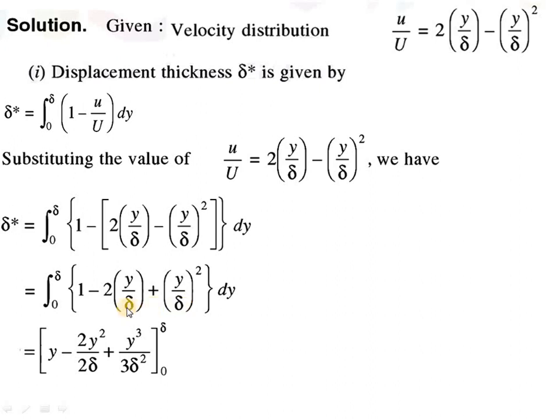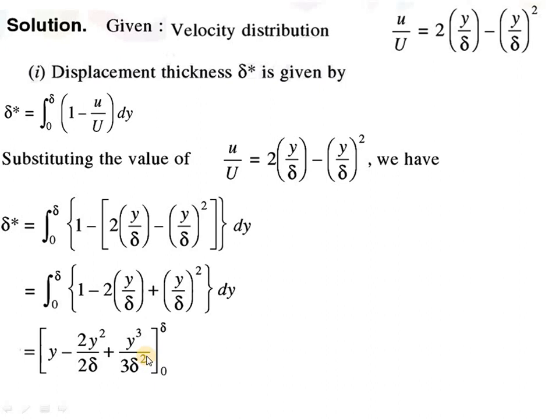It is a constant parameter, that's why it will remain as it is. Only integration of y terms will take place. So integration of y is y square by 2 and it is multiplied by 2 upon delta. So 2 times y square by 2 upon delta plus integration of y square will be y cube by 3 and 1 upon delta square as it is.